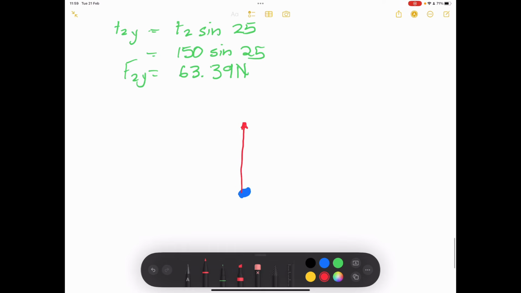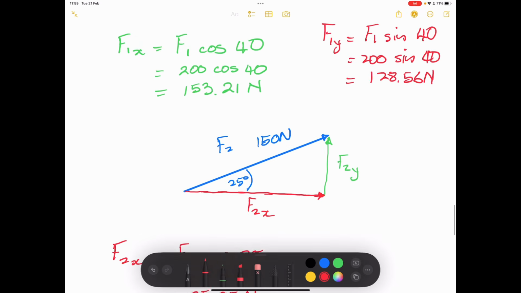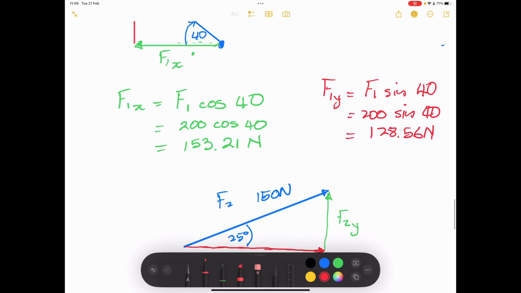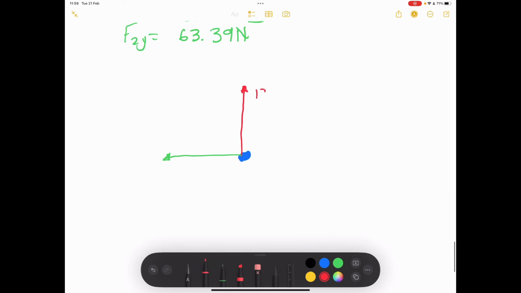And we know that we had a vertical component that was in the green going that way. Now, the respective values, the one in the red we said was 128.56. In fact, let me just write it this side.